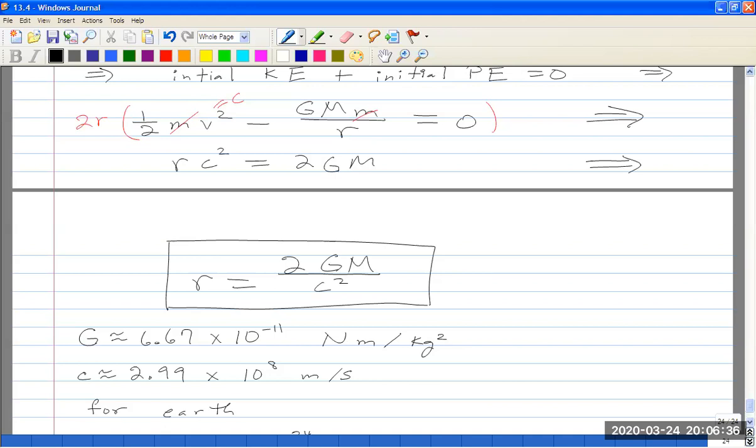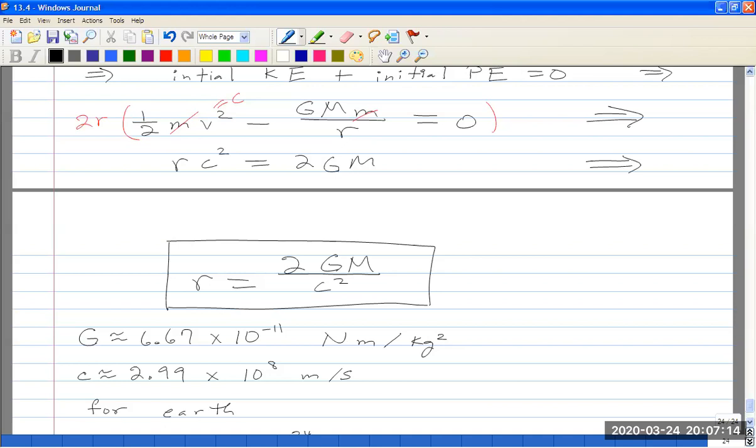And so if you have that as the radius of your object of this particular mass, then nothing will be able to escape. Then the escape velocity of any object will be the speed of light. And so we call that a black hole if the escape velocity is the speed of light. Let me just do a small calculation.